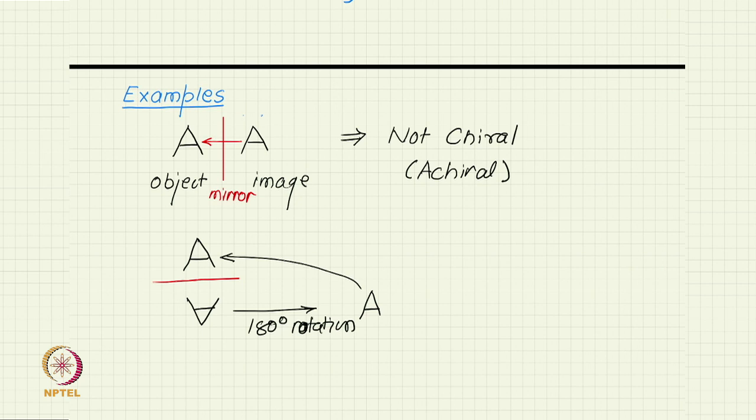So, it does not matter which mirror you use. If the object is achiral, its image will always be able to superimpose on the object by some proper operation of rotation or translation.